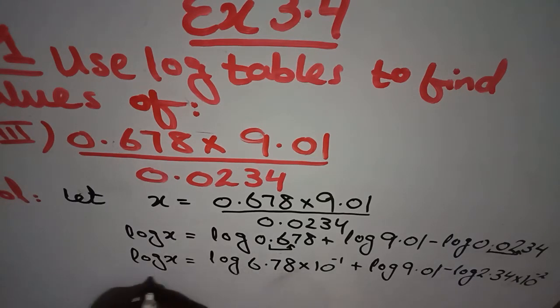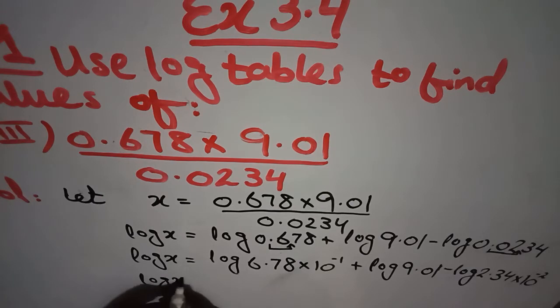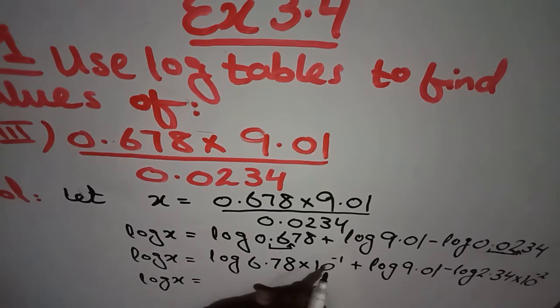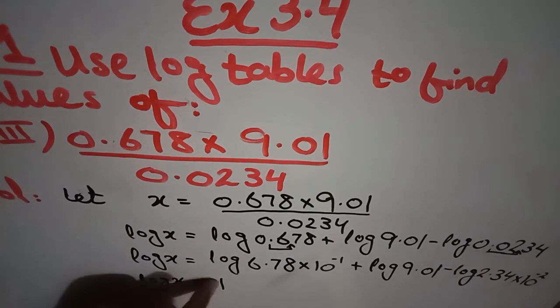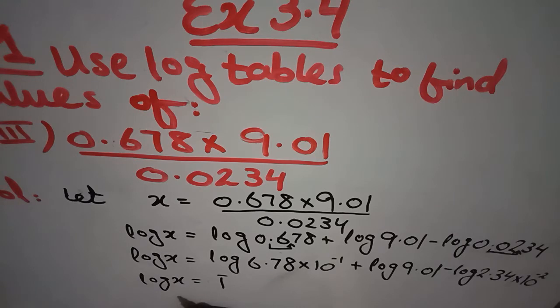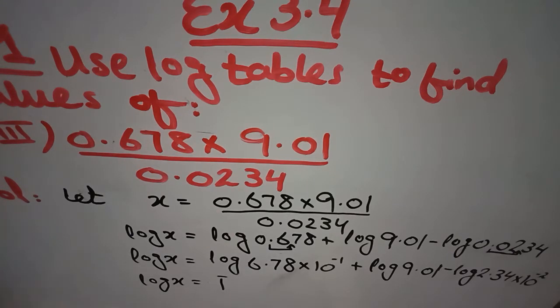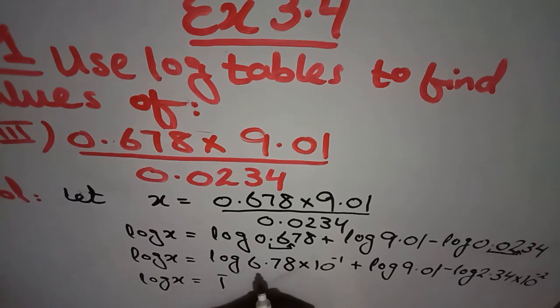So now find the log. What is the characteristic in it? That is minus 1, and you can write it like this. To find the mantissa of the decimal part, that is 6.78, you take the 67th row and the 8th column.